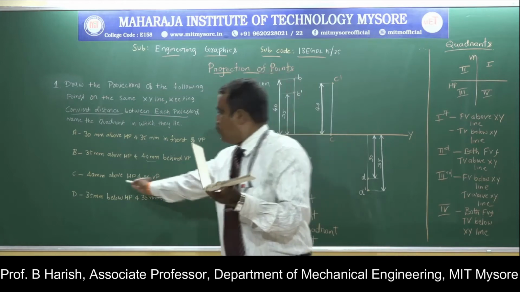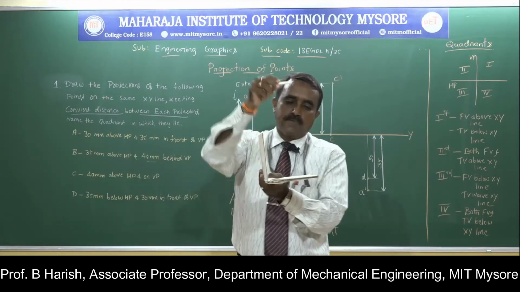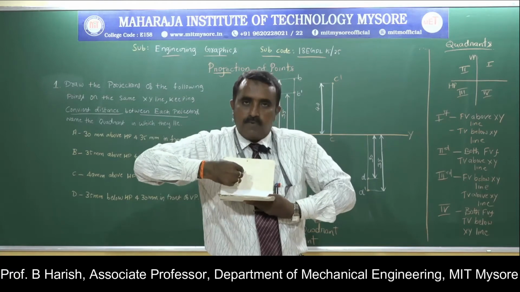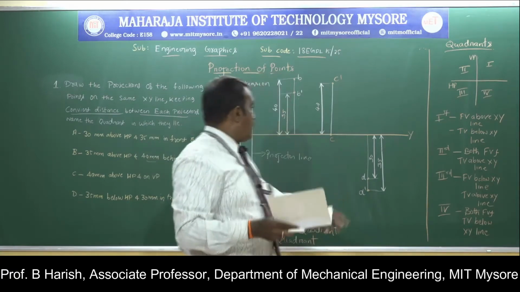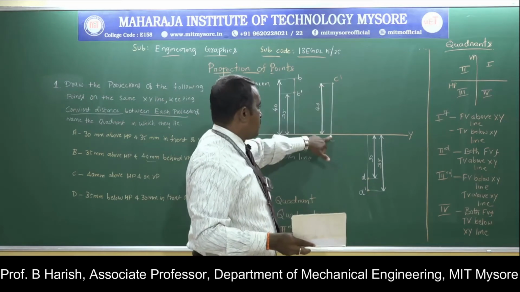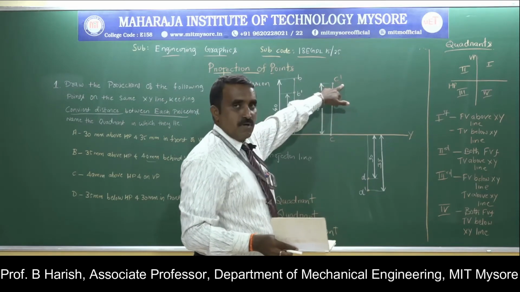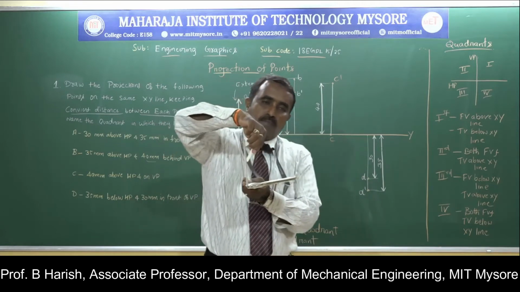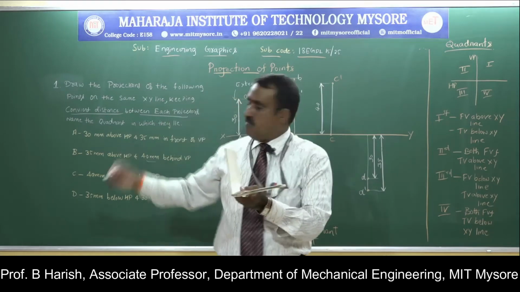It says 40 mm above HP. If you are the observer, this 40 will correspond to the front view. For the front view, you measure a distance of 40 mm from the XY line. This is C dash because it is the front view. The other point will be on VP, as given in the problem.